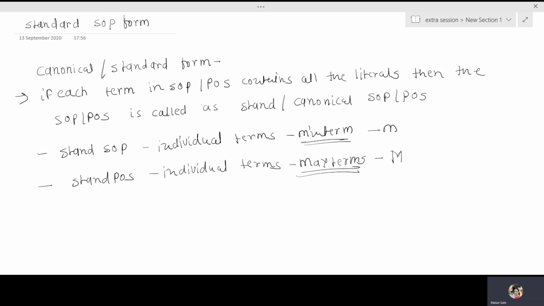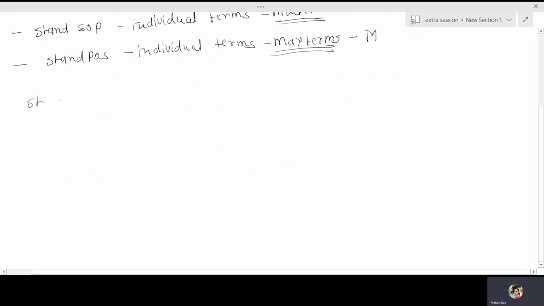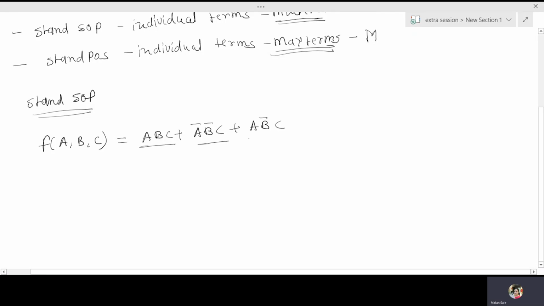Now let's take the standard SOP. Now assume the Boolean function f is described by the expression ABC plus A bar B bar C plus A B bar C. In this expression, each product term contains all the literals.